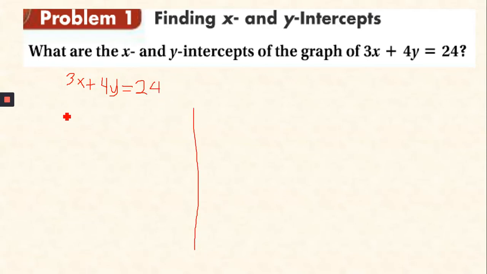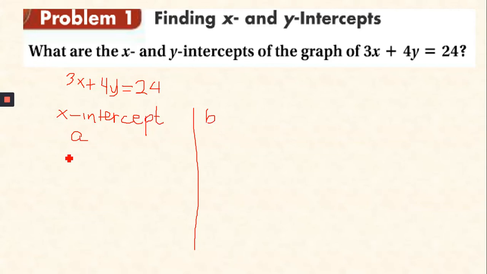Let us separate. For the x-intercept, you are going to represent it by what particular variable? It is your a. And here you have your y-intercept and it is represented by b.